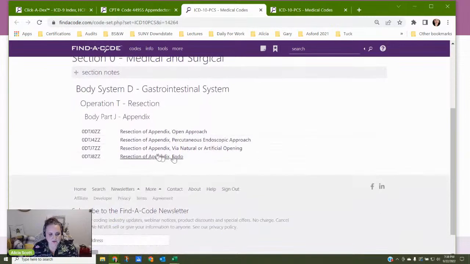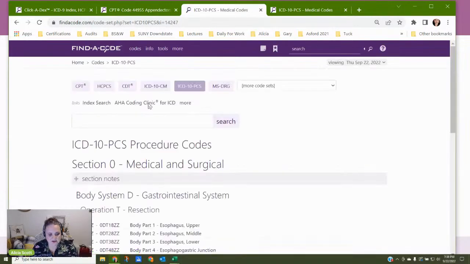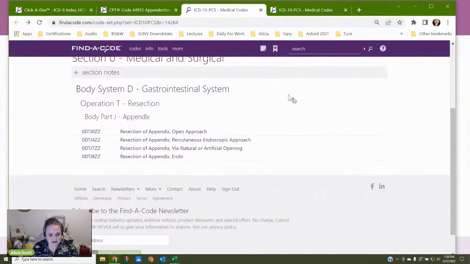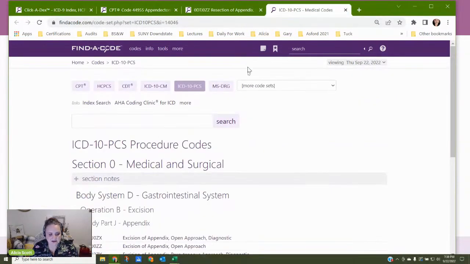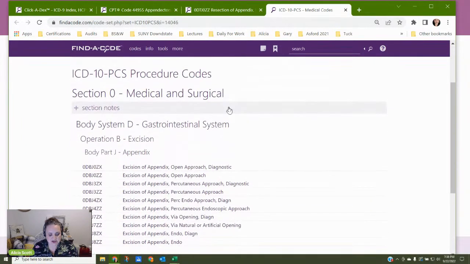If we're doing a resection, they're going to want to know it's the gastrointestinal. What are we doing? We're doing a resection. What body part? The appendix. No, that's not what I wanted. It gives me everything that you could resect in the body. So let's say open approach. Let's see what a resection is. That's 0DTJ0ZZ. And this is the excision.